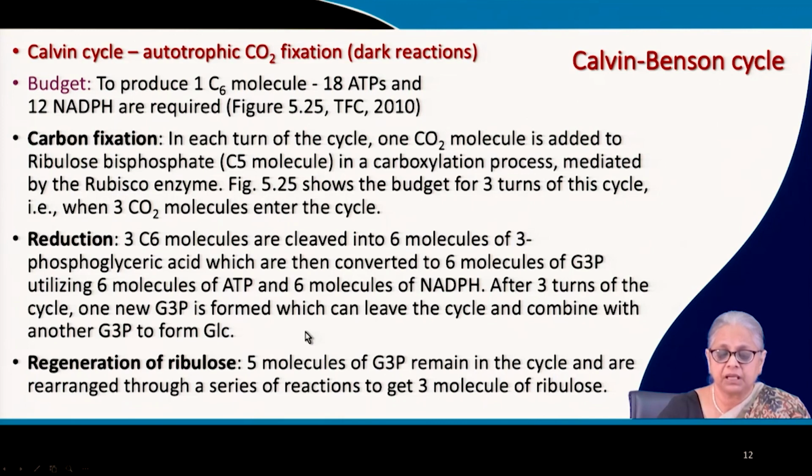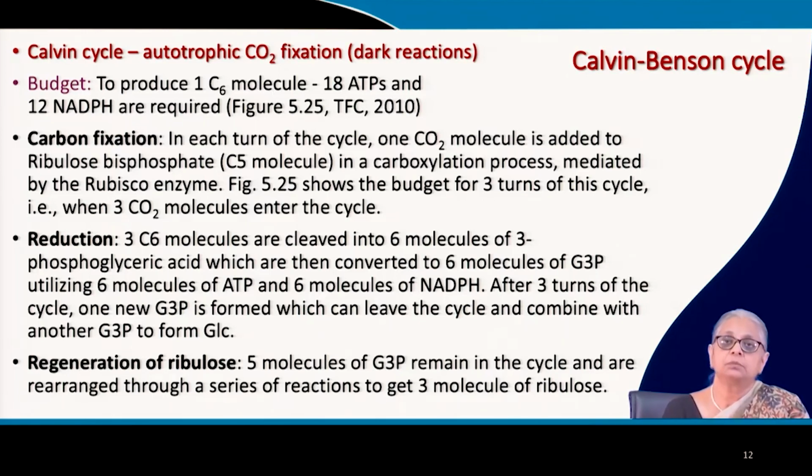3-phosphate molecules remaining. To regenerate ribulose, you need 5 molecules of G3P to remain in the cycle. G3P is a C3 molecule, and 5 molecules means you have 15 carbons available. Now these carbon compounds are rearranged through a whole series of reactions, and the end result is 3 molecules of ribulose, ribulose being C5.